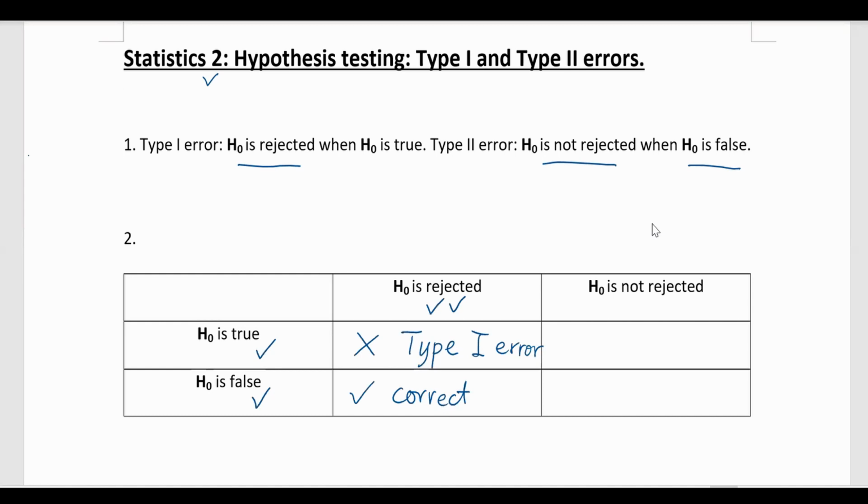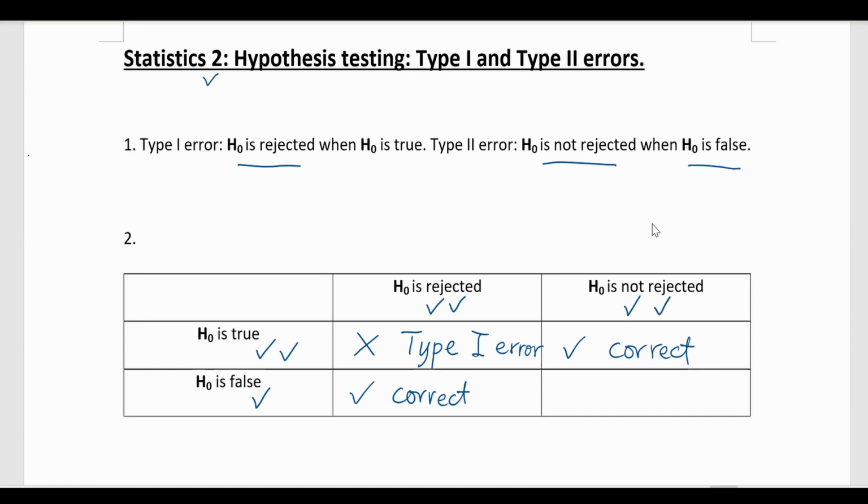Let's see, we have a look at H null is not rejected. When H null is not rejected, and we realize that H null is true, H null is a true value and we do not reject it. That means we have made a correct decision, so there is no error involved.